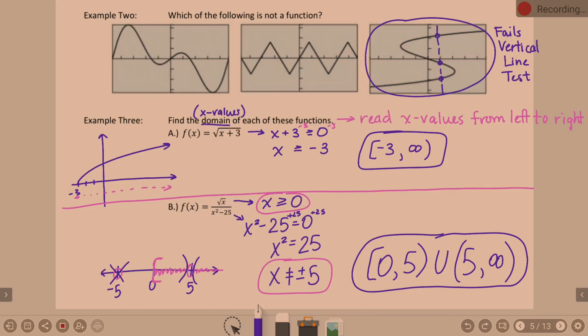You guys are on the opposite end of me. I encourage you to look at the graph. Just don't rely on it. Fun little graph there. Now you see why we started with the algebra.